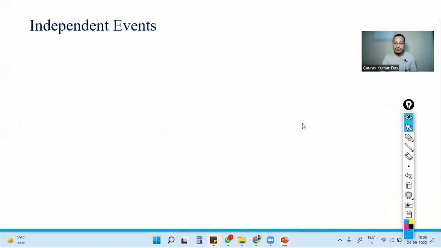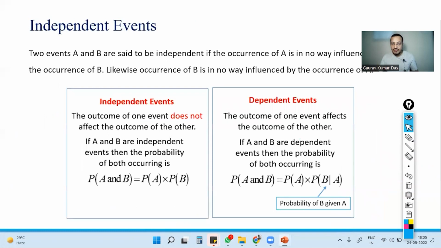Now let's move to dependent events. What are dependent events? The outcome of one event is affected by the outcome of the other event. To help you understand, I'll take an example. The probability of AB is equal to, instead of P(A) times P(B), P(A) multiplied by the probability of B given that A has happened.